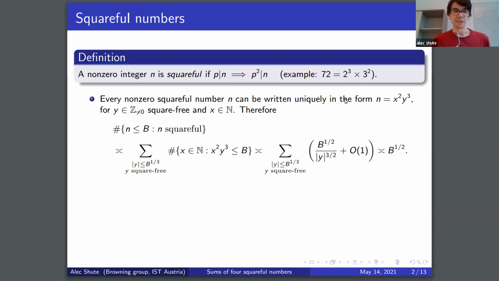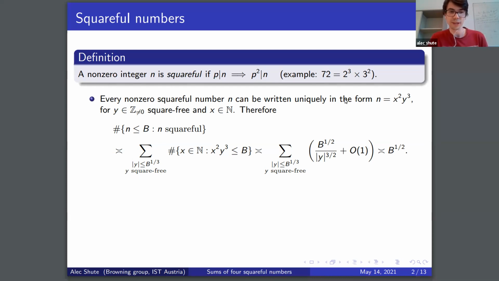Now it's quite easy to show that every non-zero Squareful number n can be written uniquely in the form x squared times y cubed, where y is a non-zero square-free integer and x is a positive integer. We'll use this again later, but for now we can use it to estimate the density of Squareful numbers.